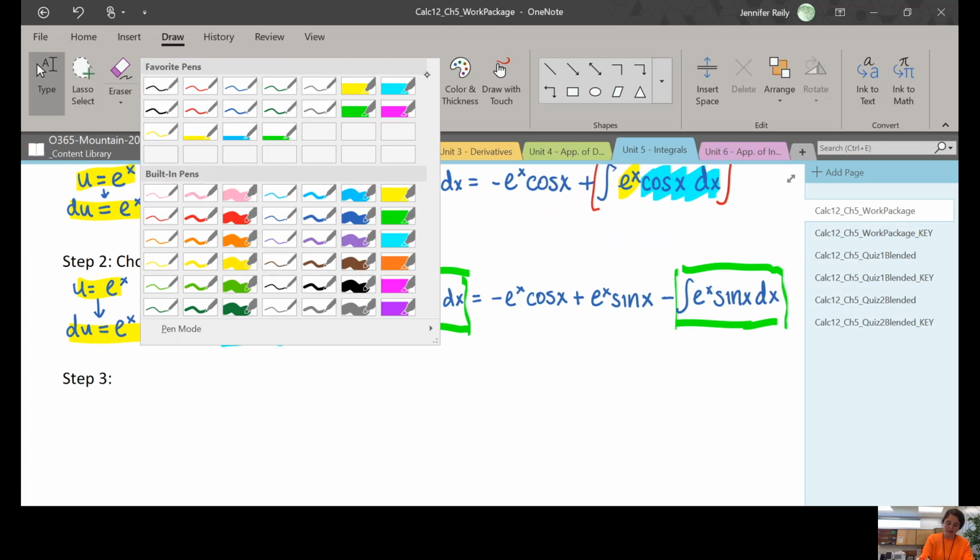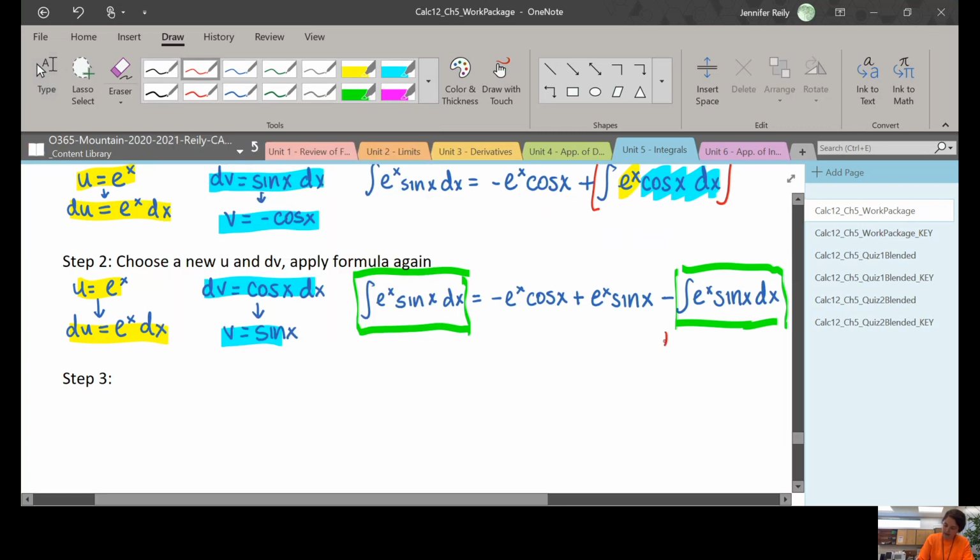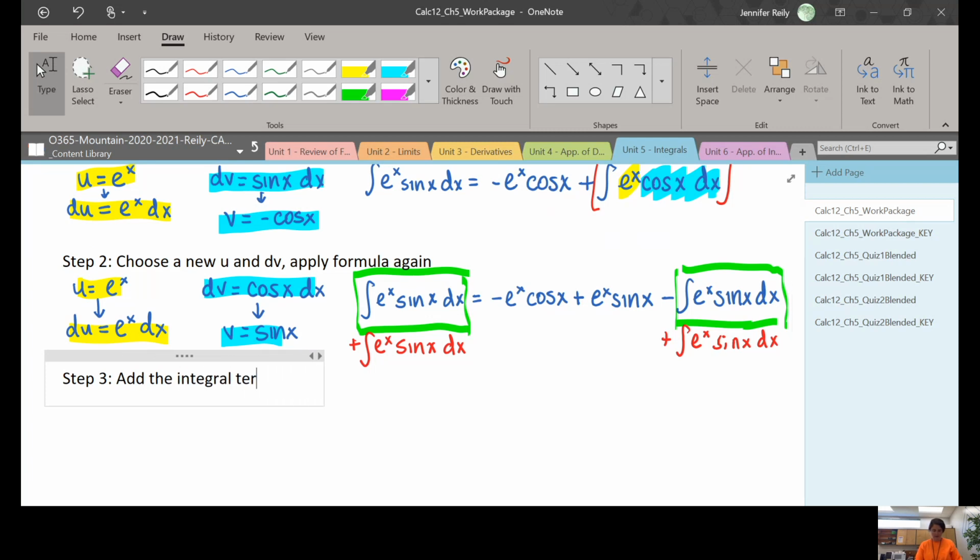So to both sides of the equation, I'm going to add the integral of e to the x sine x dx. My pen is really acting up today. So add the integral term to both sides.